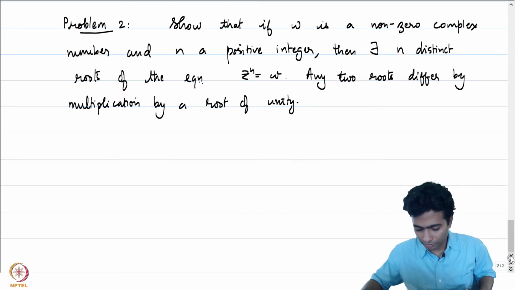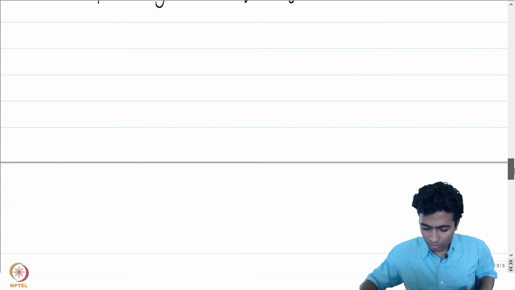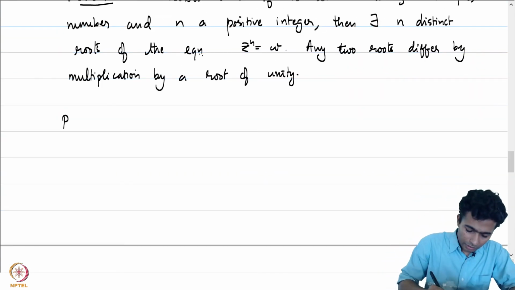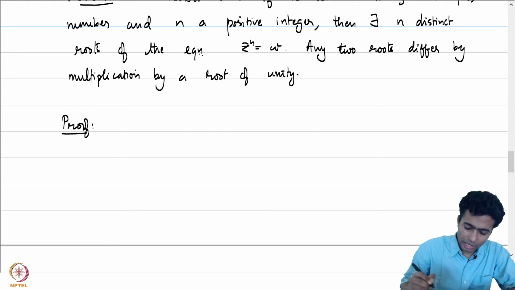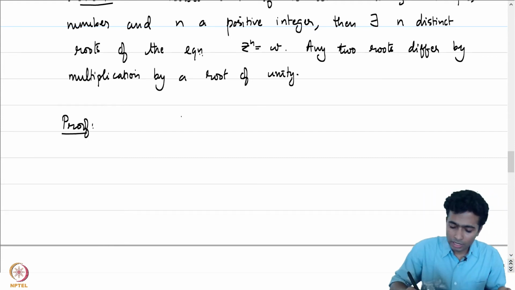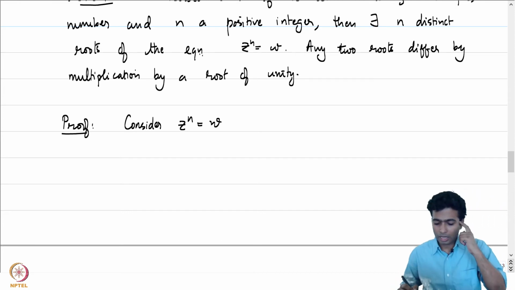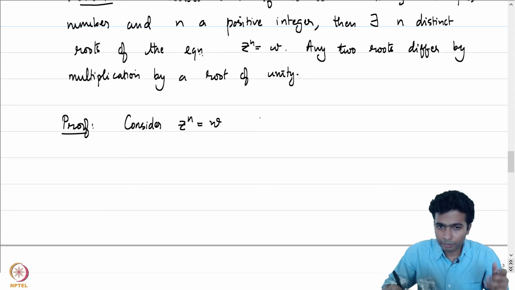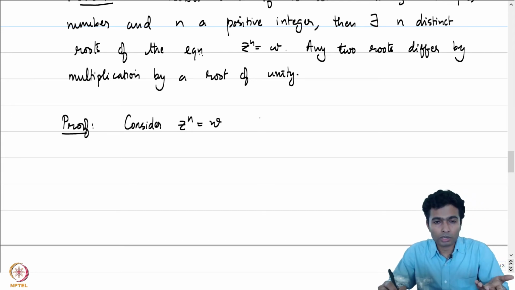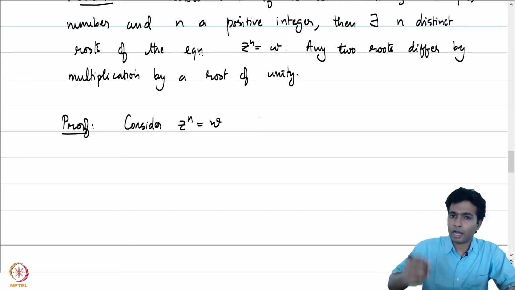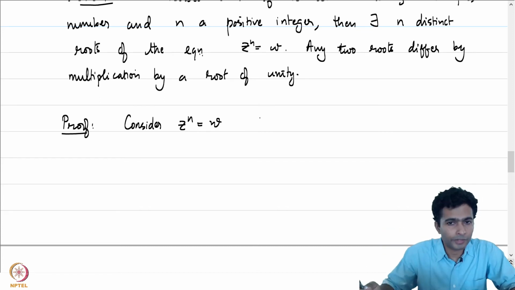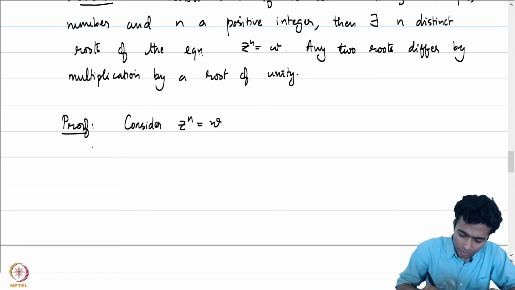Okay, let's see what happens. I'll just rush through this proof because the idea has already been developed. z to the power n equal to w. This is what we would like to consider. And w in the polar representation is given by r e to the power i theta for some fixed r and theta.